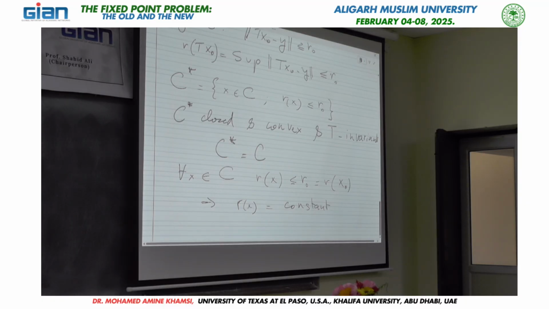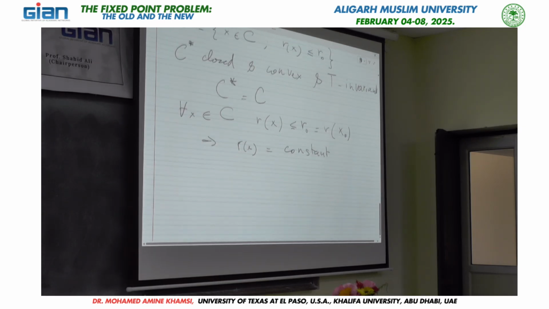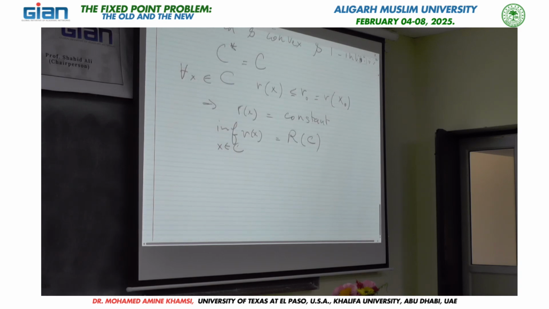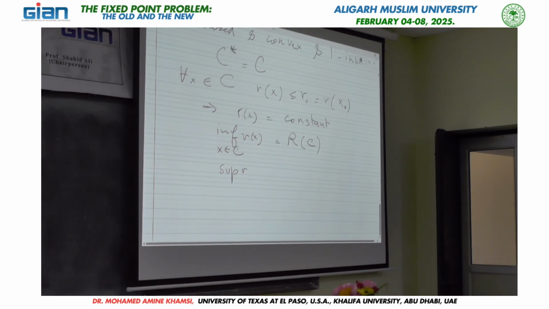In this case, the supremum and the infimum of R of x are the same. And what is the infimum of R of x, x belongs to C? That is the Chebyshev radius of C. And what is the supremum? The supremum of R of x is going to be the diameter of C. So what did we find?